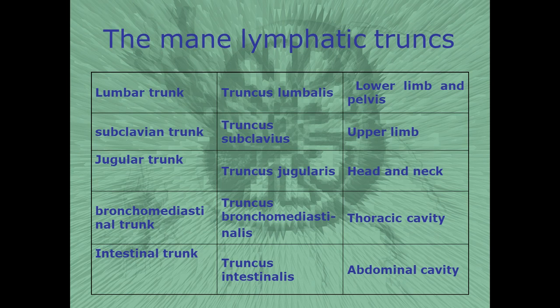Jugular trunk, also paired, in Latin truncus jugularis, carries lymph from the head and neck region. Next is also paired, the bronchomediastinal trunk, truncus bronchomediastinalis, which carries lymph from the thoracic cavity. And the last one, unpaired, is the intestinal trunk.